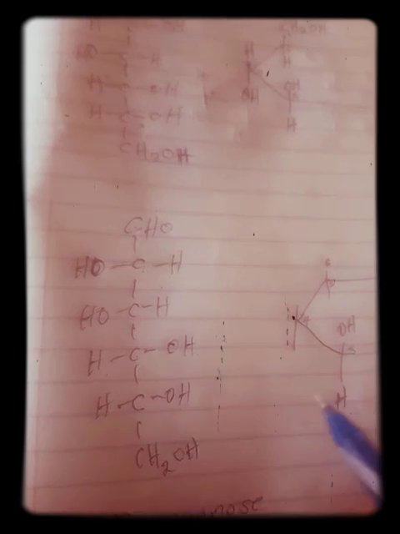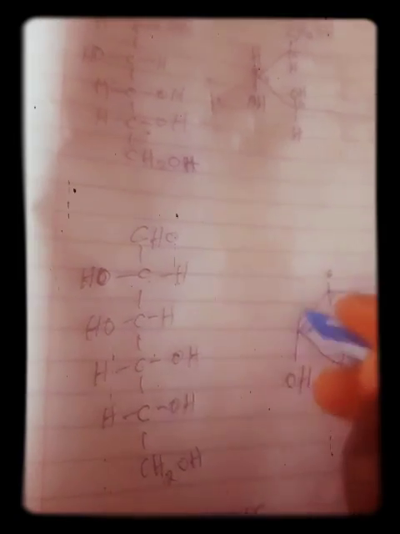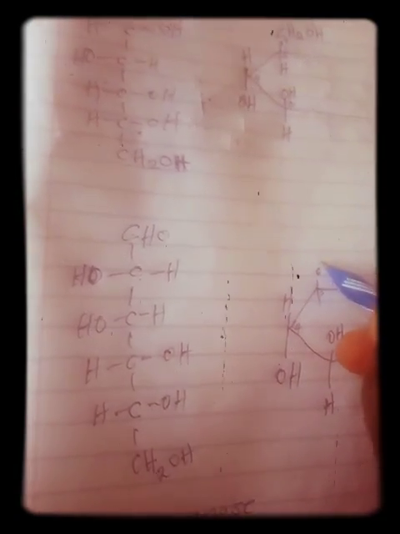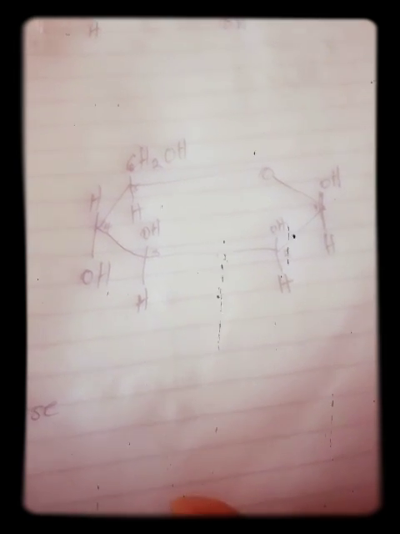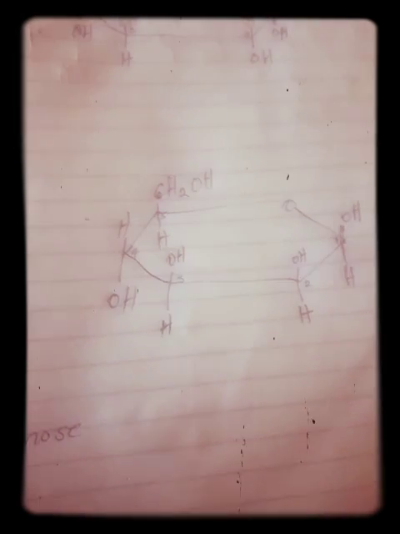And on the fourth, we have our OH on the right, so it will go OH down and H up. Then I said on the fifth and sixth, it is always CH2OH up and H down. So this is actually D-mannose in Haworth form.